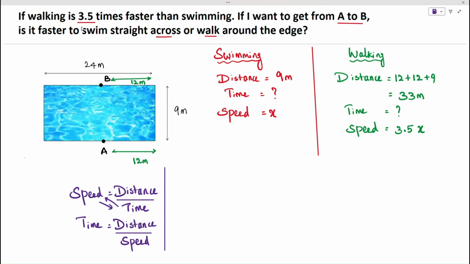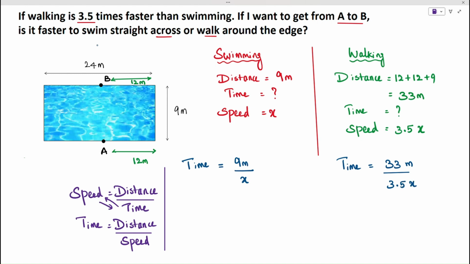So the time for swimming is equal to the distance, which is 9 meters, divided by our speed, which is x. For walking, we have time as our distance, which is 33 meters, divided by our speed, which is 3.5x.